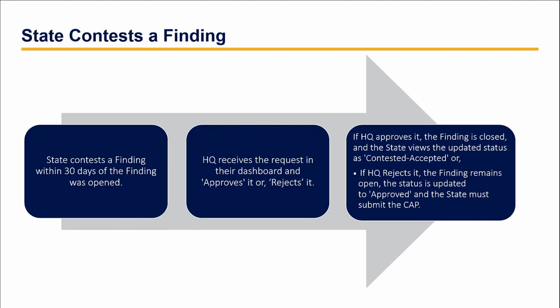If HQ rejects the contested form, the finding still remains open, the finding status is approved, and now the state must submit the CAP. Does that make sense? Any questions?